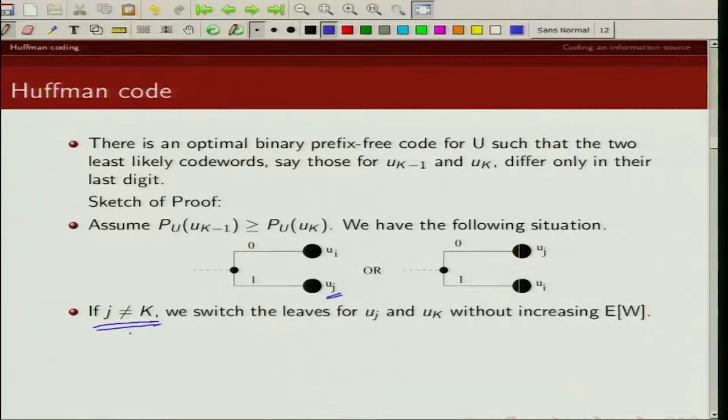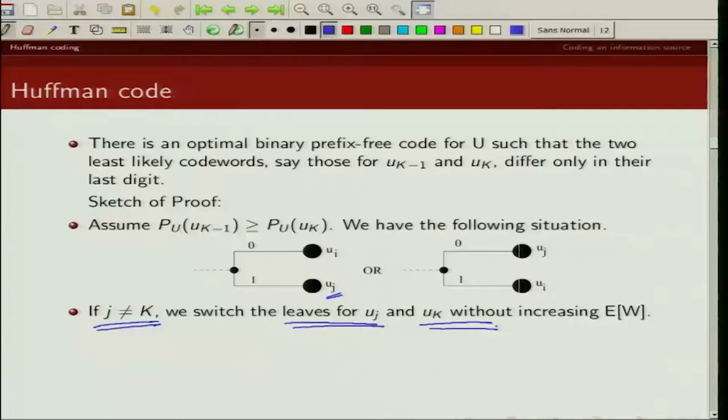If J is not equal to K, we can always switch the leaves of U_J and U_K, because the probability of U_J is more than the probability of U_K, and we are moving U_J to a smaller depth. In the process, this swapping would not increase the expected value of W. In fact, it can decrease.